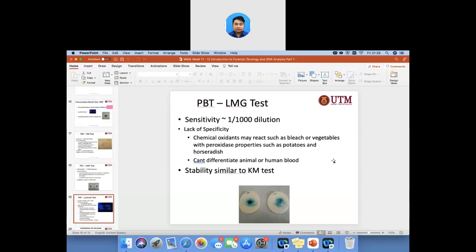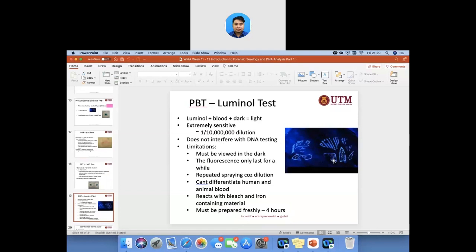Luminol test is something that you test in the dark, because it corresponds to fluorescence. Luminol plus blood plus dark will have light. It will illuminate in the dark. The sensitivity is extremely high compared to Kastle-Meyer and leucomalachite green.